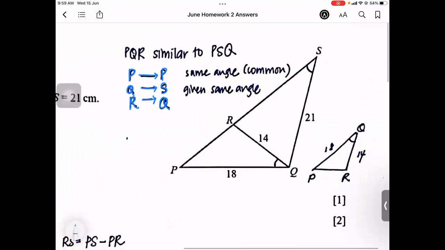Okay, I have a triangle PQS, sorry. This is my bigger triangle. So that means we have a smaller triangle over here. Okay, I just draw out the two to make them look similar. And it says PQS.